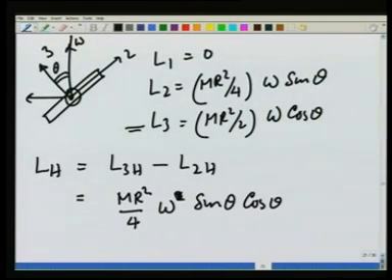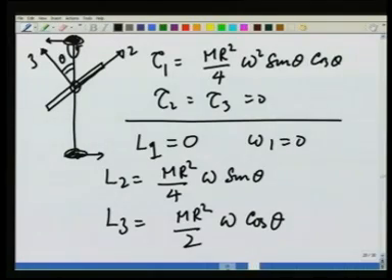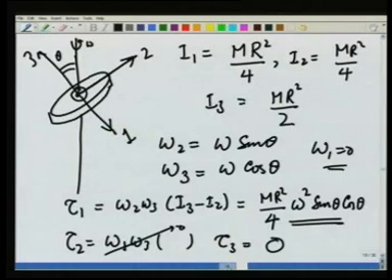This LH will not have omega square. Tau, that is the change in L, is going to be LH times omega, which is going to be mr square over 4 omega square sine theta cosine theta, which is the same answer that we obtained earlier.